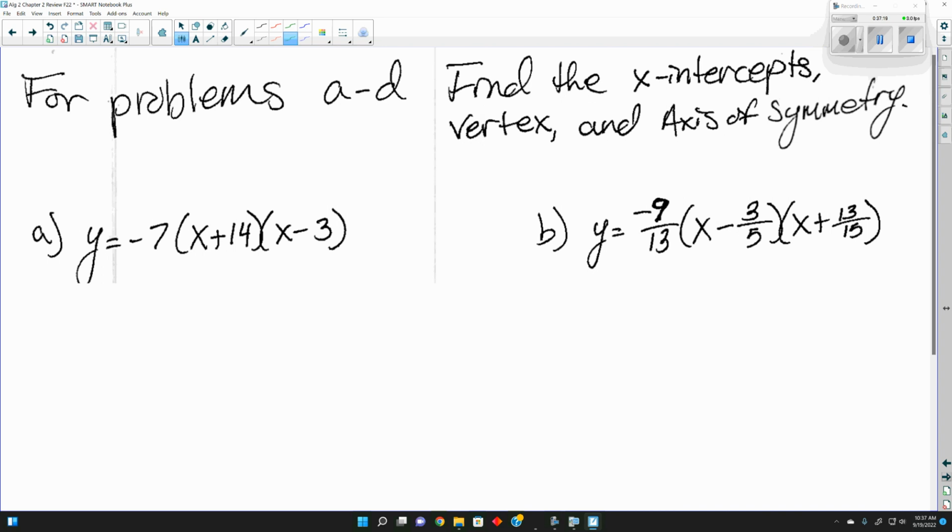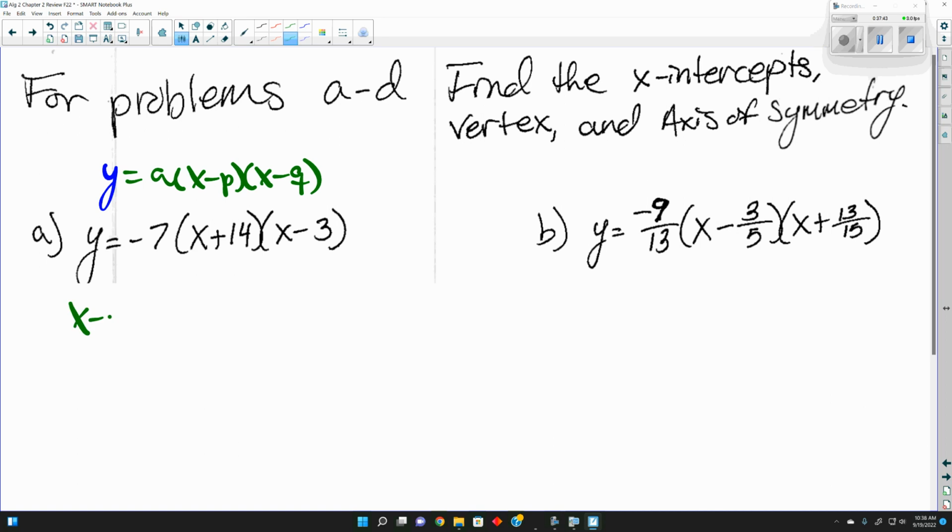So this one's our A, B, C, D. Now this is in x-intercept form, and the general form is y is equal to a times x minus p times x minus q. So the values of p and q are here, 3 and negative 14.